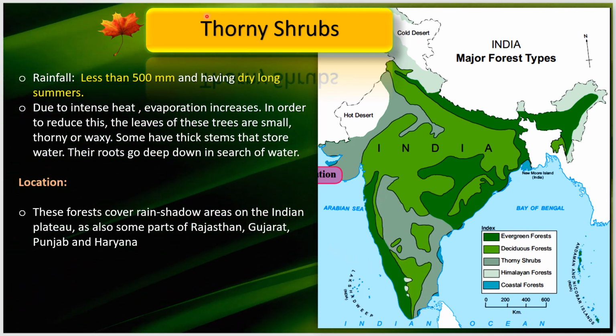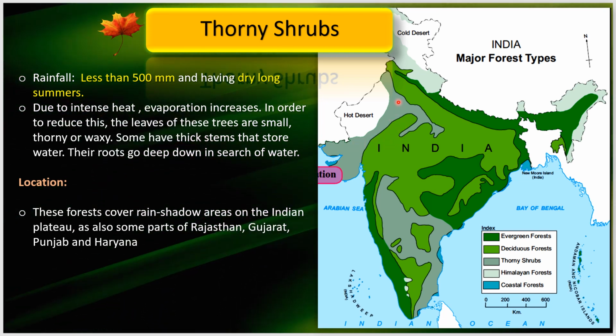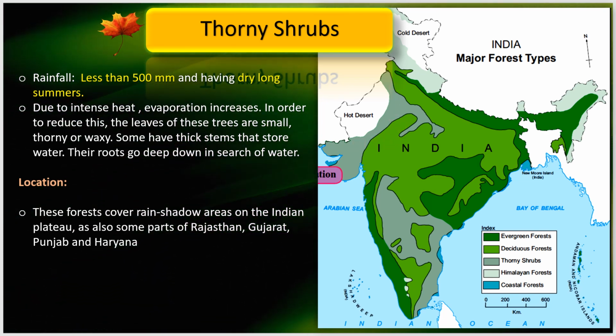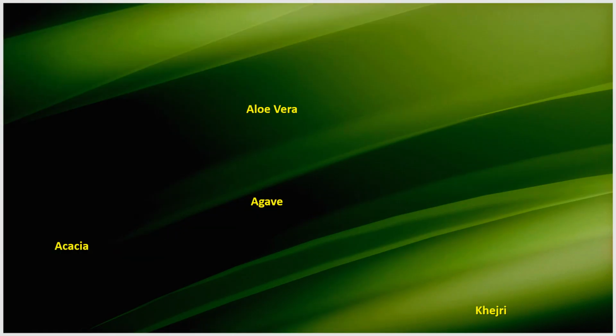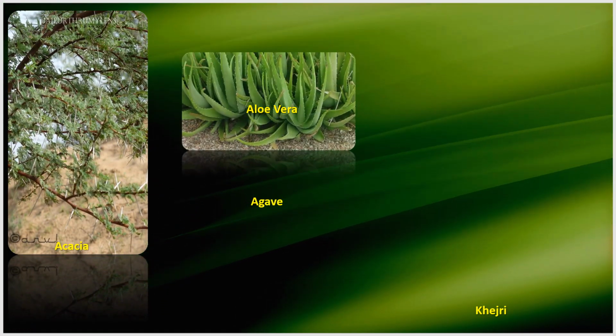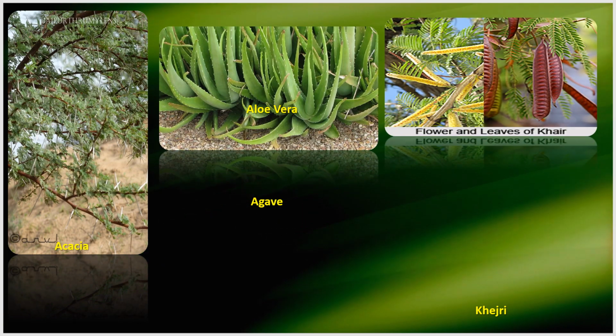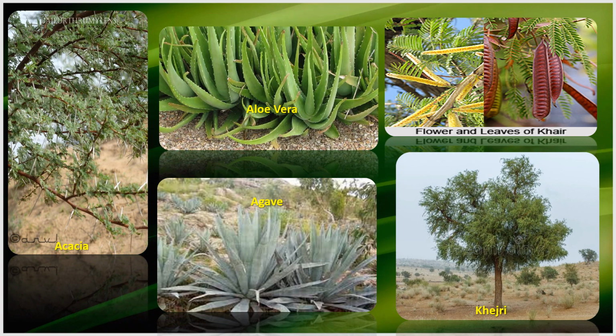Then we have some parts of Rajasthan, Gujarat, Punjab and Haryana. The common types of trees found in the thorny shrub forest are acacia, aloe vera, kher, agave and khejri.